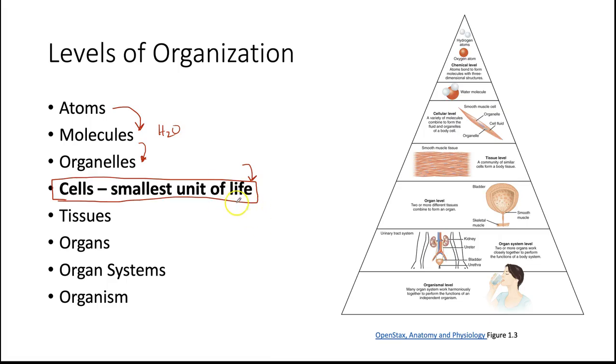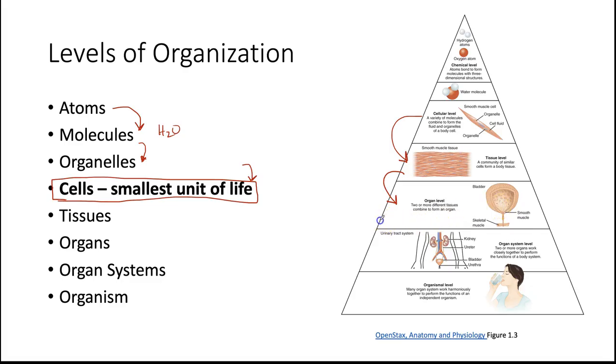Now, similar groups of cells will come together to form tissues. And there are 4 different types of body tissues that we'll cover in a later lesson. And then tissues come together to form an organ. So in this case, we see a bladder as the organ that's formed by smooth muscle tissue and some epithelial tissue.